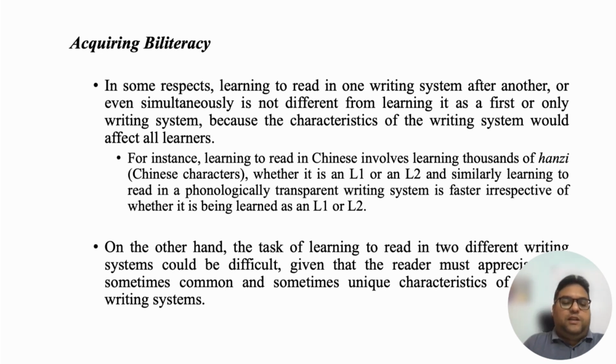So let's say you know English and one Indian language, and you decide to learn to read and write in French. It would be as if you are doing it for your first language, because you will be acquiring that skill for the first time.